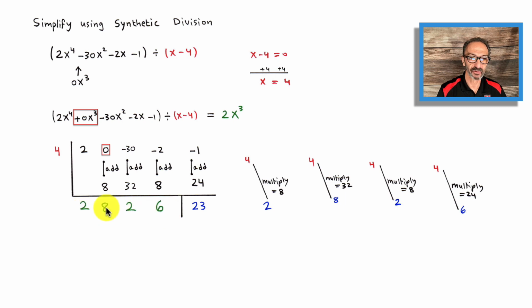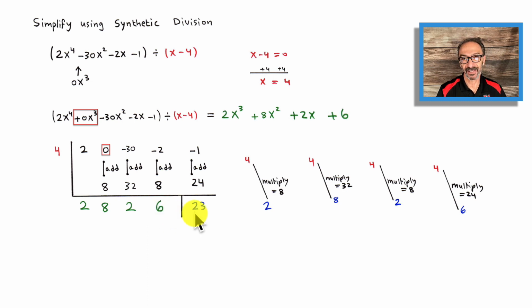Just to let you know that we're not missing anything. So that is important, to keep everything aligned and not miss any term. So 2x to the third plus 8x to the second plus 2x plus 6, the constant.